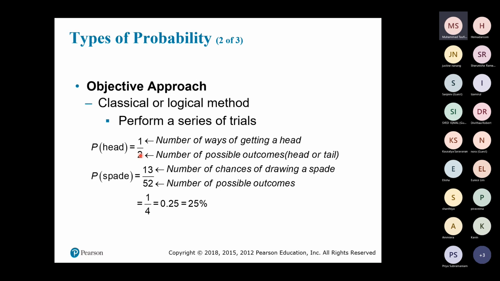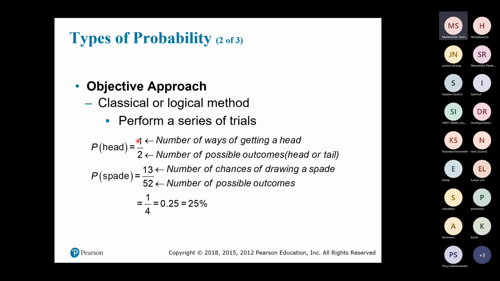If you write it like that, you will get a fraction, 1/2. So the probability of getting head is 1/2, because you want one outcome out of two outcomes.